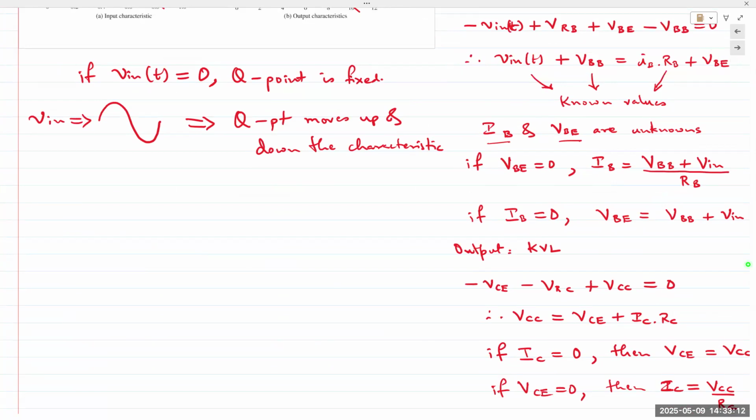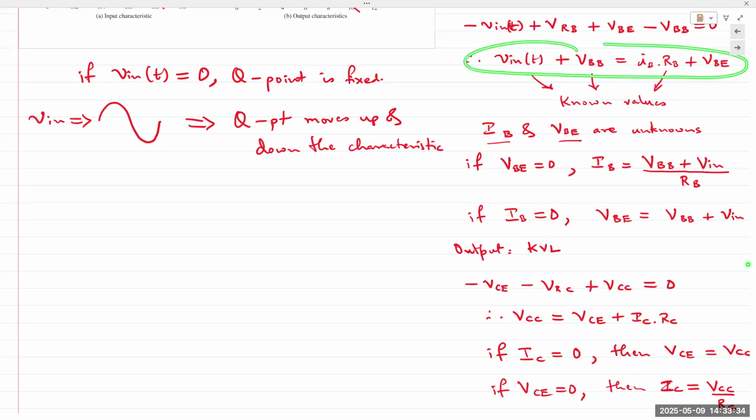Vin of t plus VBB is IB RB plus VBE. Out of these 4 quantities, these are known. The only unknowns are the base current IB and the base emitter voltage VBE. Okay, VBE and IB.